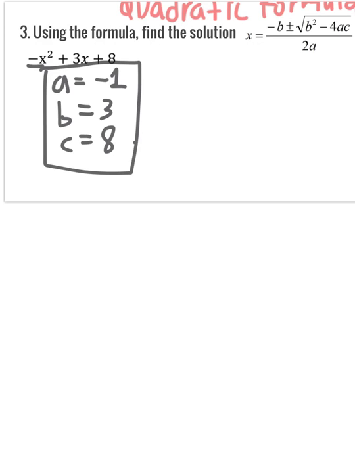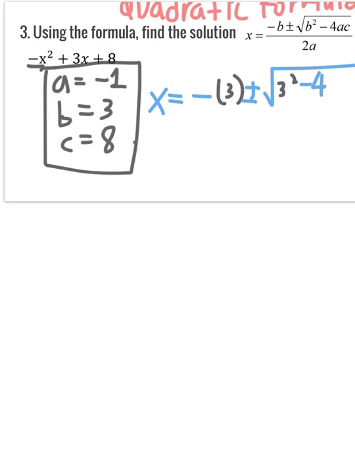So our x equals negative b. What's our b value? 3. Plus minus the square root of b squared. What's b squared? 3 squared, minus 4ac. What's a? Negative 1. Okay, hopefully I have space to put this.